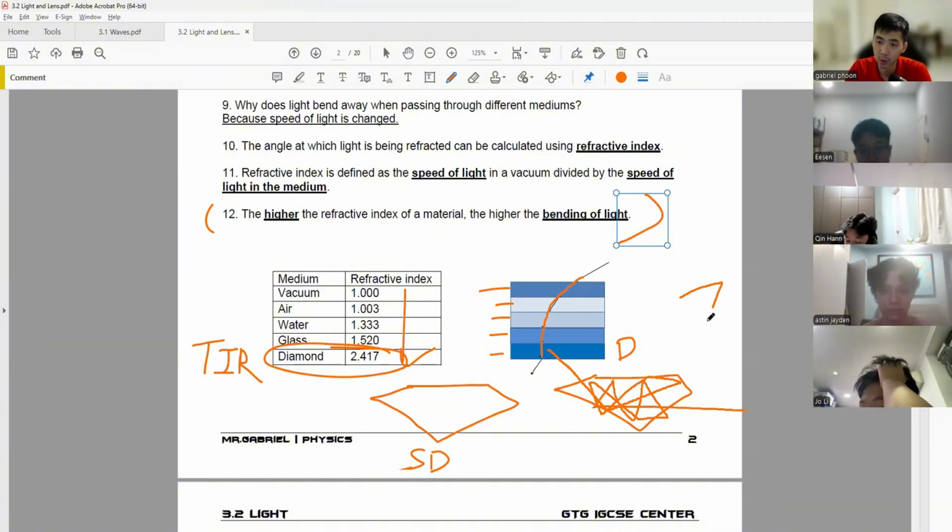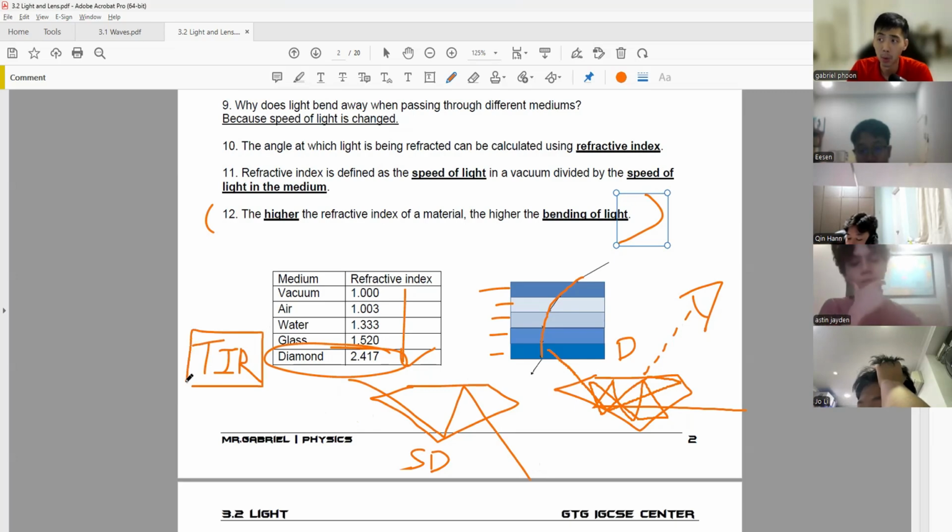Because of that, from our point of view, it seems like the diamond is shining from within because the light is literally bouncing inside. Whereas with a fake diamond from Pasar Malam, the light will enter, bounce one time, maybe two times, then come out already. That's why a fake diamond will always look more dull compared to a real diamond. But we'll talk about that later on. There's a page that talks about this later on.